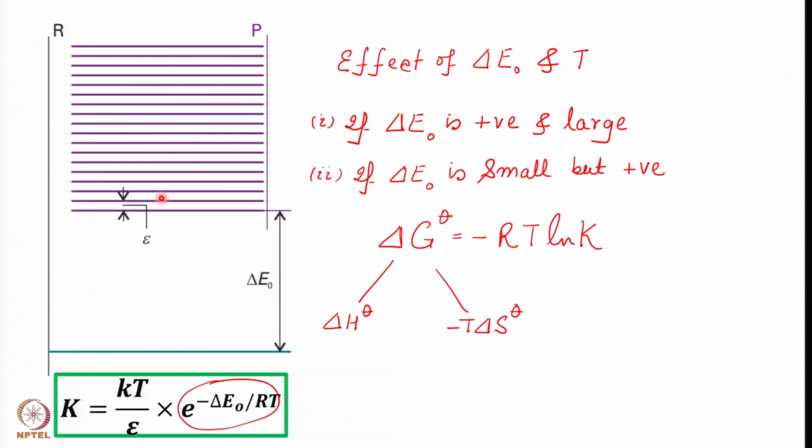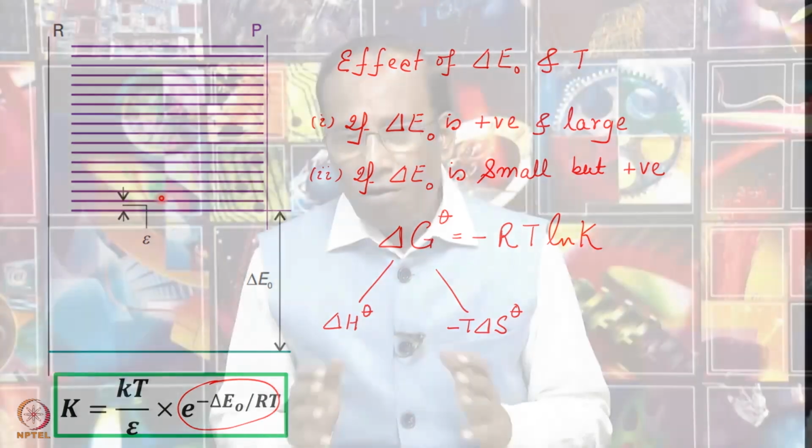By now, we have discussed all thermodynamic quantities, starting with internal energy, we discussed entropy, Helmholtz energy, Gibbs energy, enthalpy, heat capacity, mean energy, and then we have now discussed the equilibrium constant.